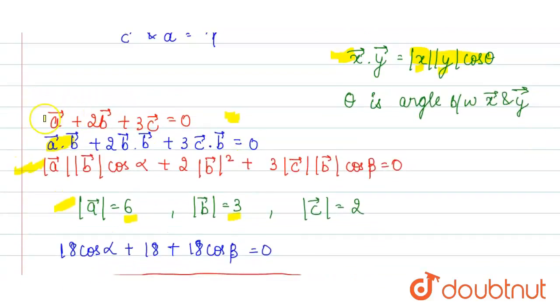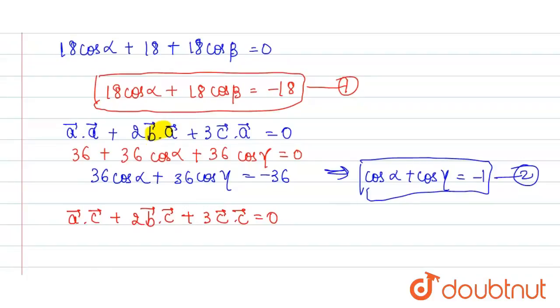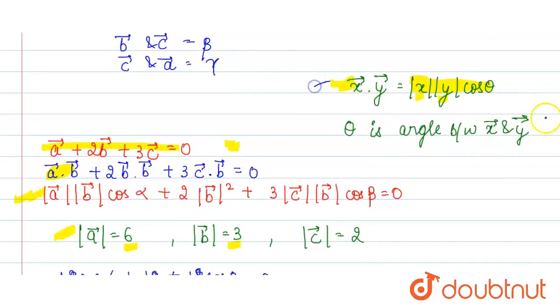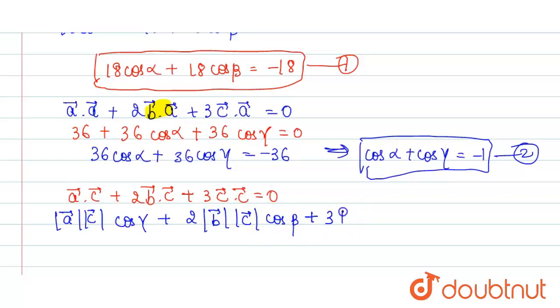Now if we multiply this expression with c, then we get a vector dot c vector plus 2 into b vector dot c vector plus 3 into c vector dot c vector is equal to 0. Now to solve a vector dot c vector we again use this identity. So mod of a vector into mod of c vector into cos gamma plus 2 into mod of b vector into mod of c vector into cos beta plus 3 into mod of c vector squared is equal to 0.